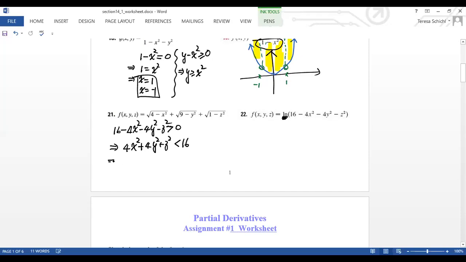Now you divide by 16, so this will give you x squared over 4 plus y squared over 4, then plus z squared over 16 is less than 1. So we know this is the equation of the ellipsoid. Because it's less than 1, that means it's all the volume inside.